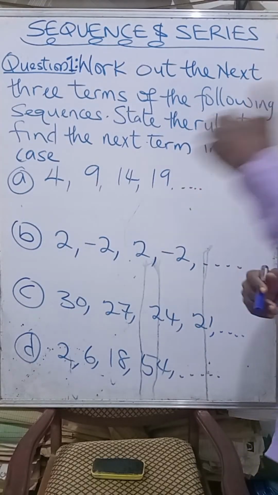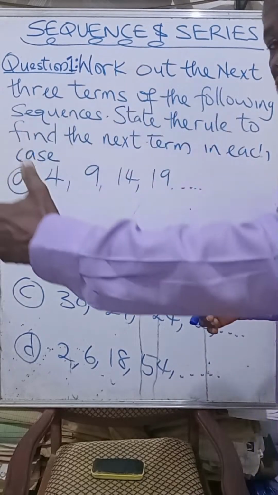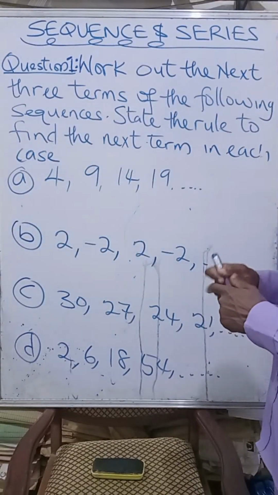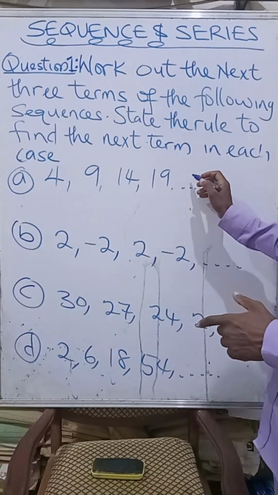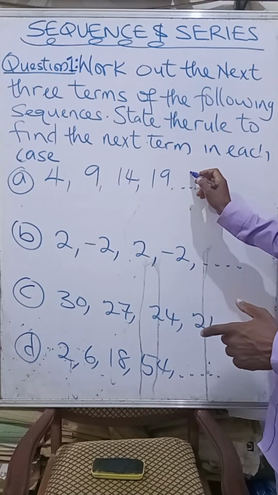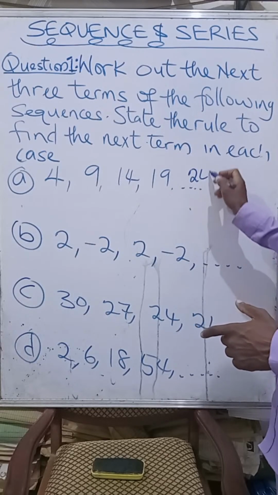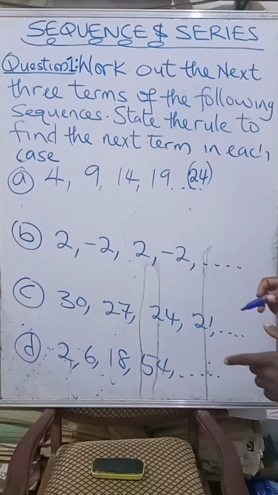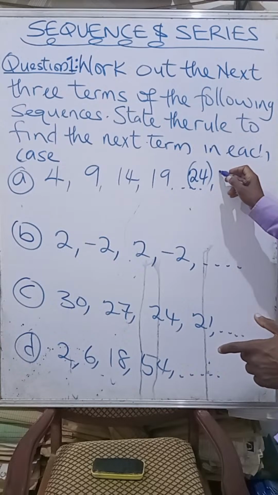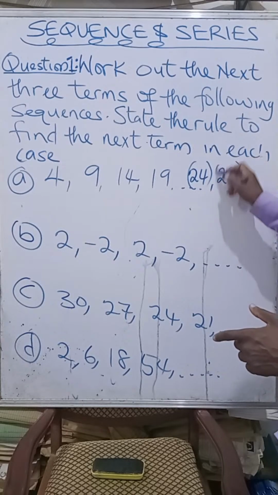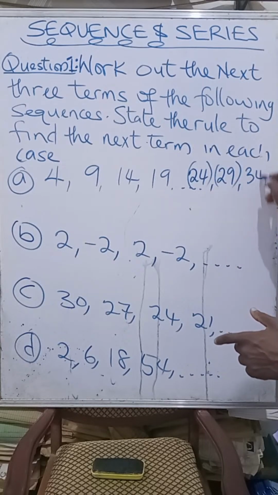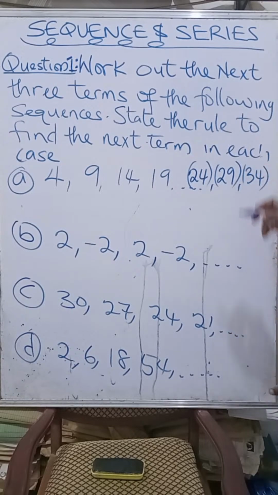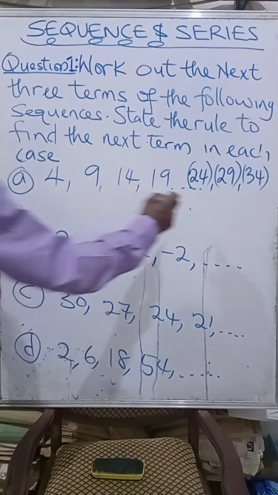So that means we are adding 5 to the previous number. So that will be 19 plus 5, that's 24. 24 plus 5 is 29, and then 34. So 24, 29, and 34 are the next 3 terms.